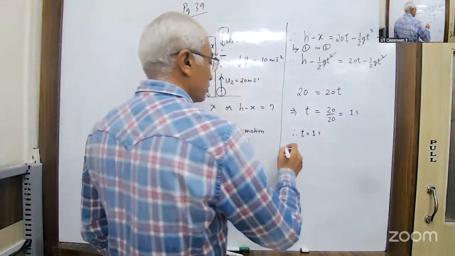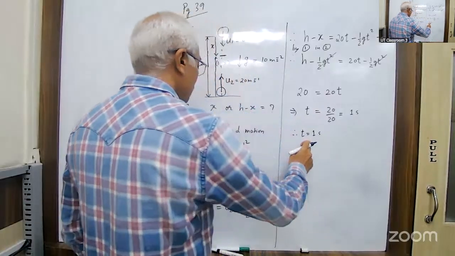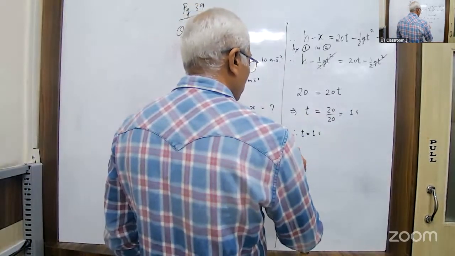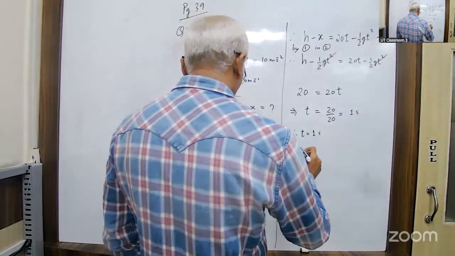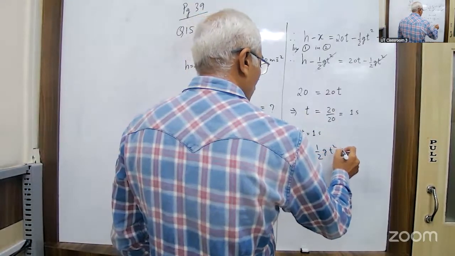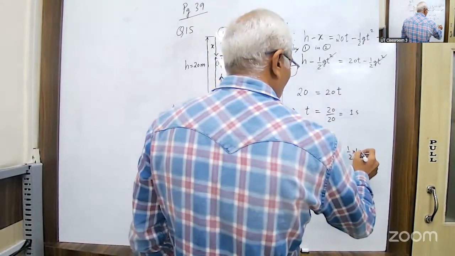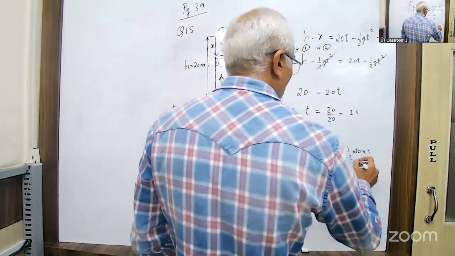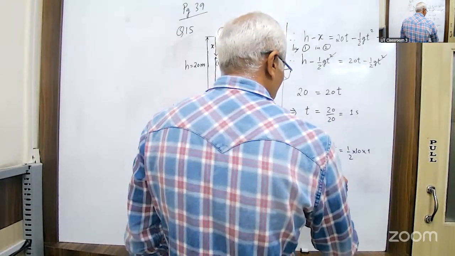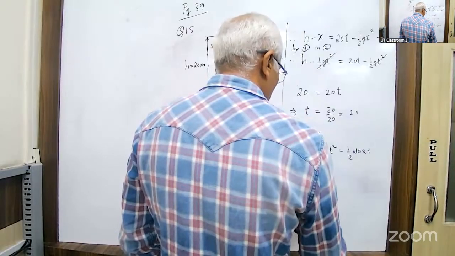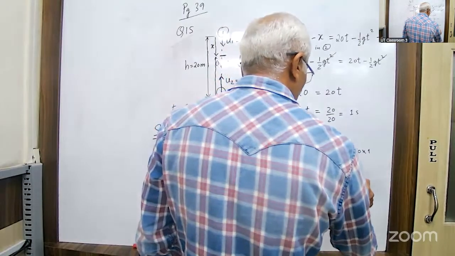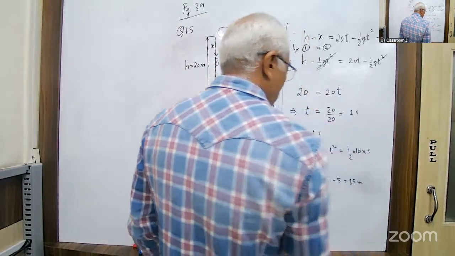Therefore, if t is 1, what do we get for x? x is equal to 5 meters. Or h minus x is equal to 20 minus 5, which is 15. So what is the answer?